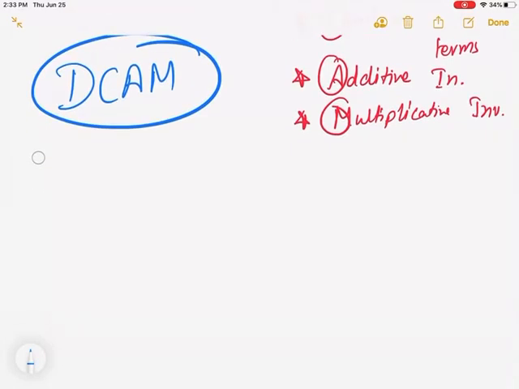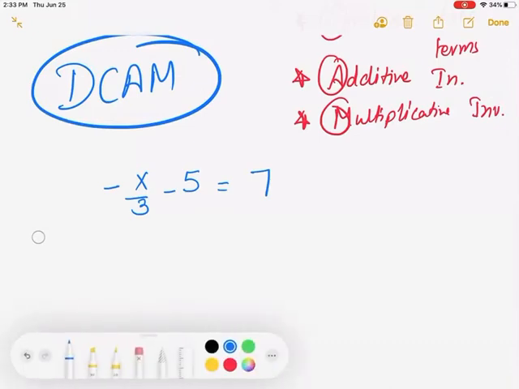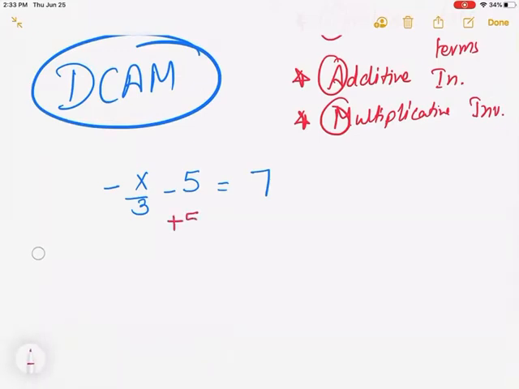Let's say I have negative x over 3 minus 5 equals 7. First of all, is there anything you need to distribute? No, I don't see any parentheses. Now, is there anything you can do to combine like terms? Kind of, but I would go to additive inverse. I see negative 5, so I would do its inverse on both sides.